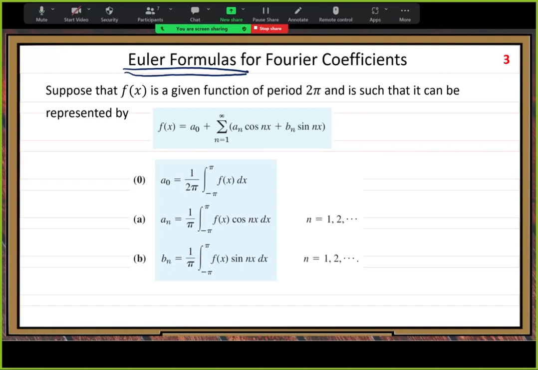When the basis functions are different, you get 0 because of orthogonality. Only one term is non-zero, so you get the coefficients.